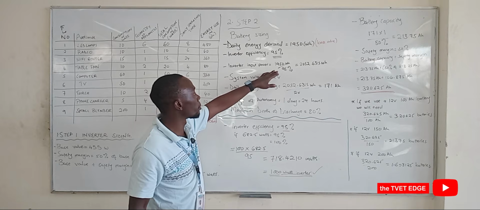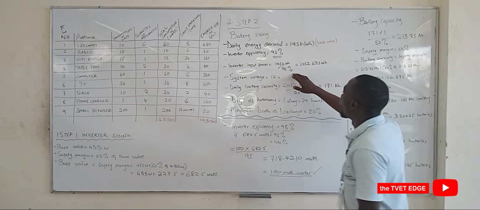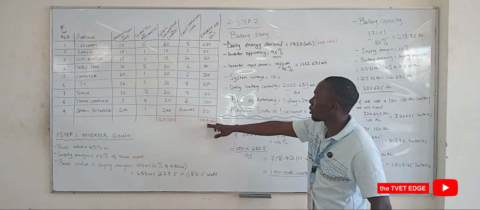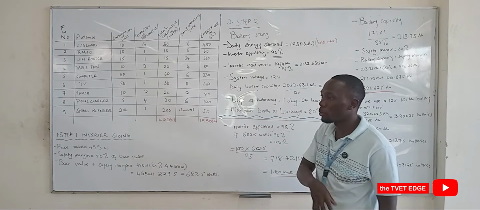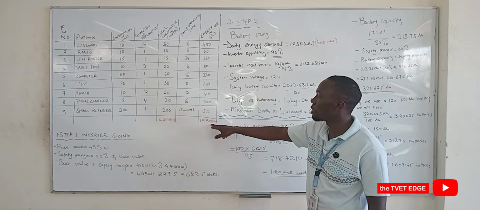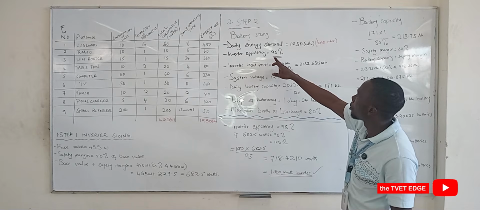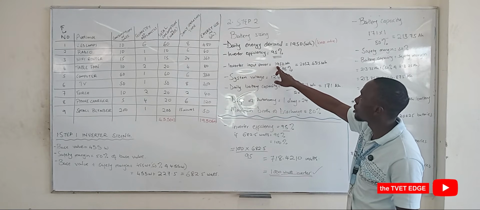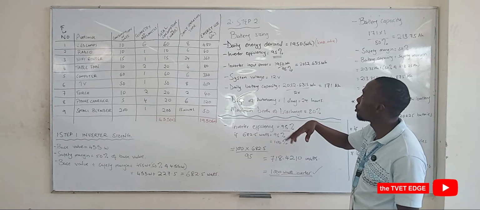So if the inverter is operating at 95% efficiency, and this is our daily energy demand, it means the demand will be higher than this on the input side of the inverter for it to deliver 1,950 watt hours. Same calculation: if our inverter is delivering 1,950 at the output side, and that is 95% efficient, what is the 100%?